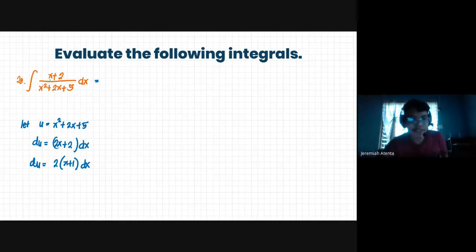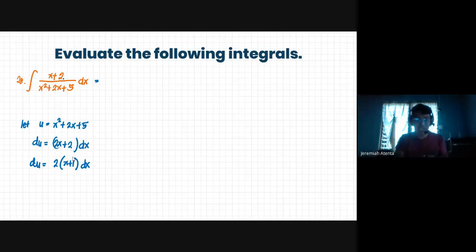Okay. But here, we have x plus 2. Hindi siya x plus 1, right? We have x plus 2, but here we have x plus 1. So in this case, we will do something sa ating numerator. Take note, x plus 2 can be written as x plus 1 plus 1. Yung 1 mamaya, may kinalaman yan sa inverse trigonometric function na integral.